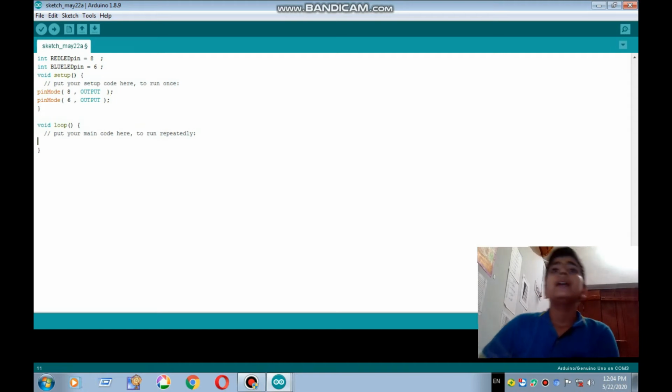Here we are writing what we have to do with the LEDs. We are going to make the Pythagoras theorem checker. We know that the formula of the Pythagoras theorem is hypotenuse square is equal to base square plus perpendicular square. So we write if, and we can write any numbers at first.